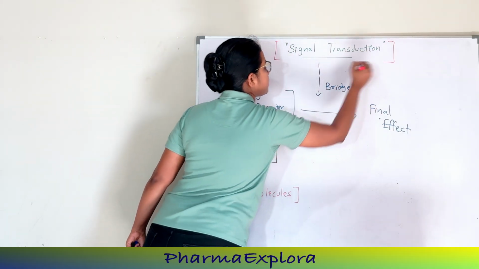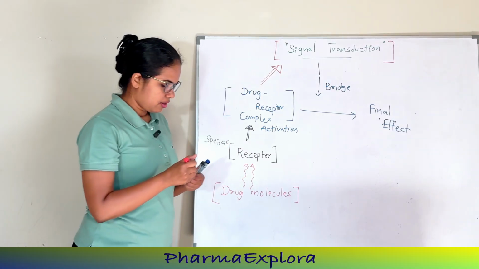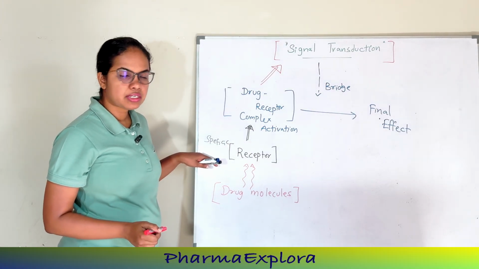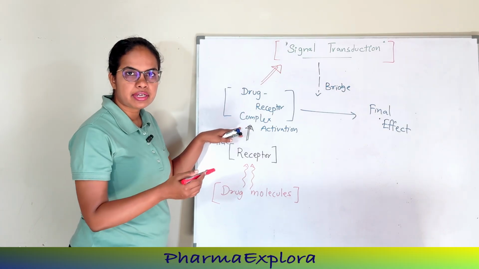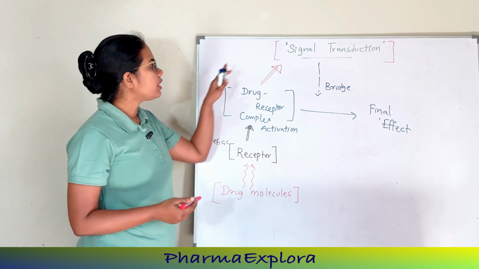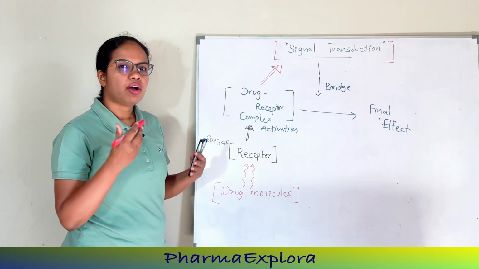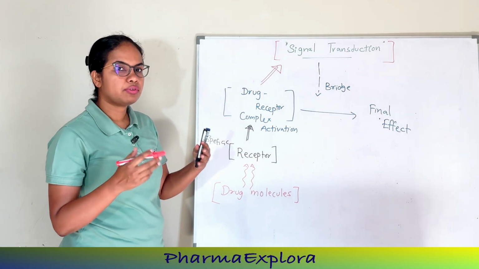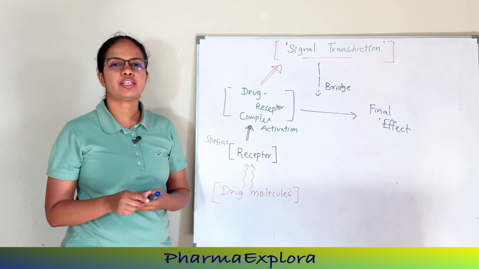So the drug molecules find their specific receptor, form a drug receptor complex, get activated, and then initiate a series of biochemical and molecular level effects within the cell. That process is called the signal transduction process.